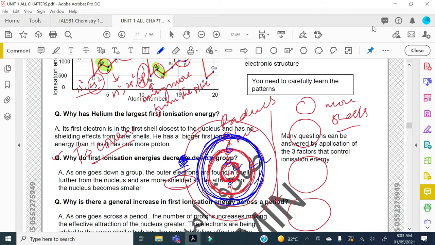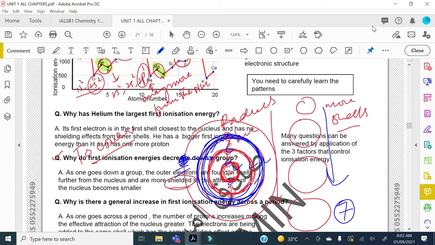And why will there be more electrons? If there are more shells. So when you go down the group, the number of shells increases. You are getting more shells, so you reach 7 shells actually, or 7 energy levels.